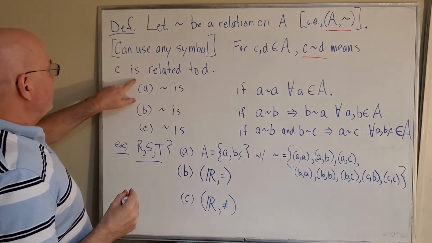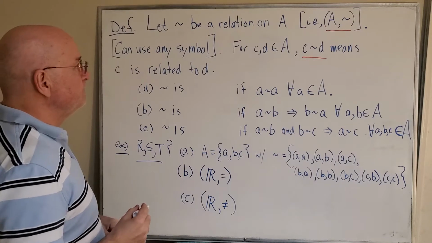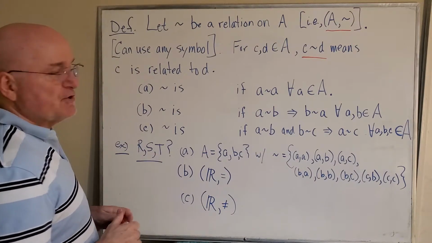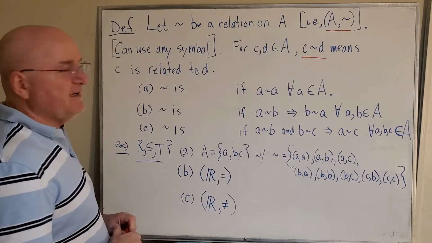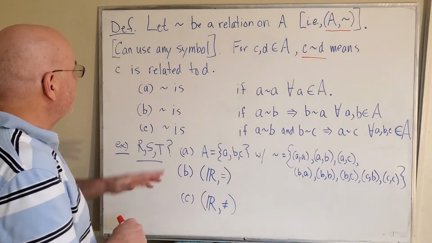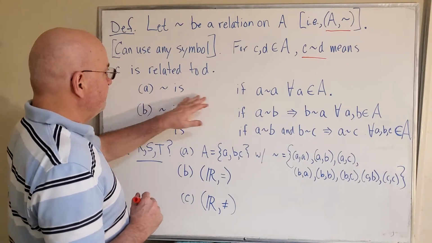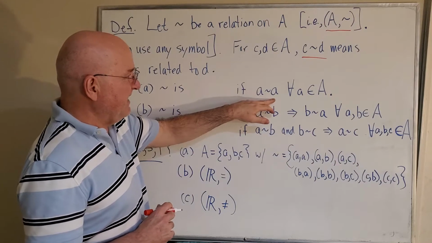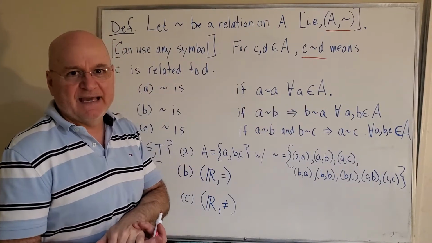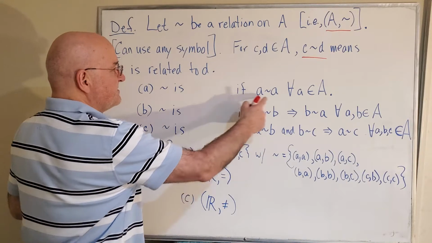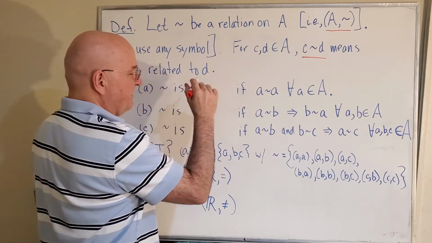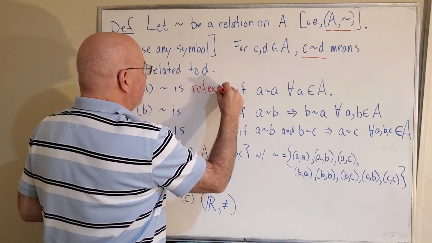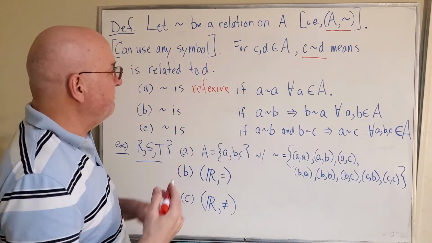It means that C is related to D. So there are three terms we want to define, and you've probably heard of all of these. This relation is reflexive if A is related to A for all A in the big A. Think of it being reflexive, reflective like a mirror.